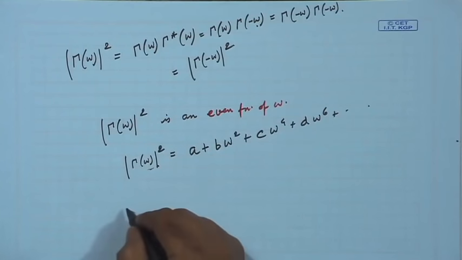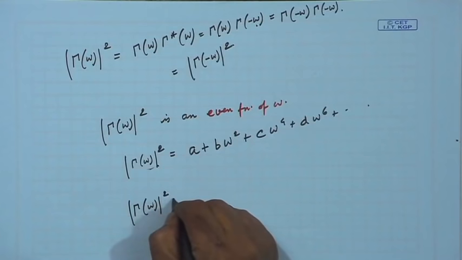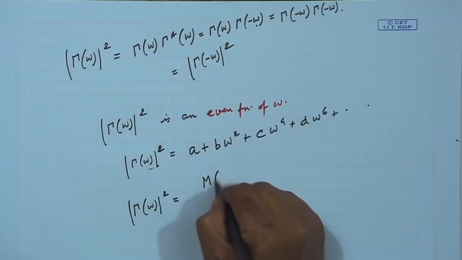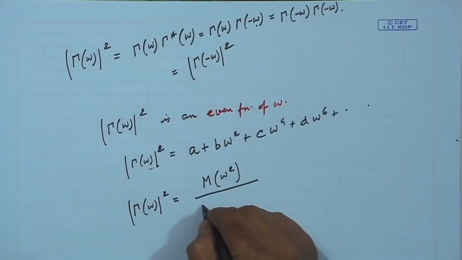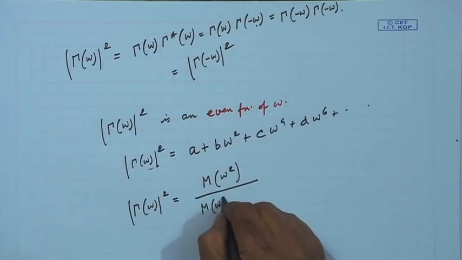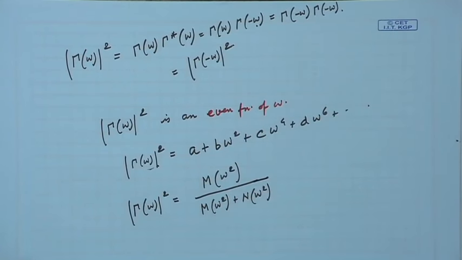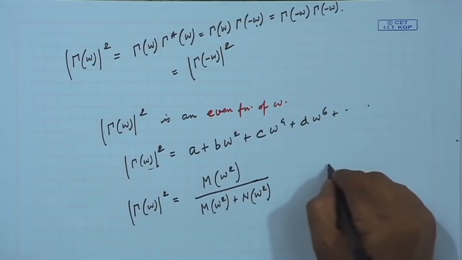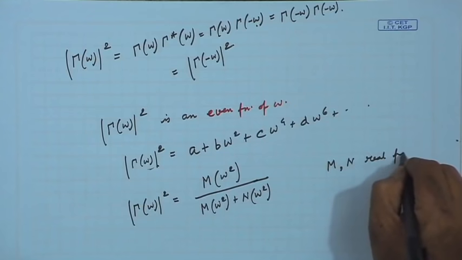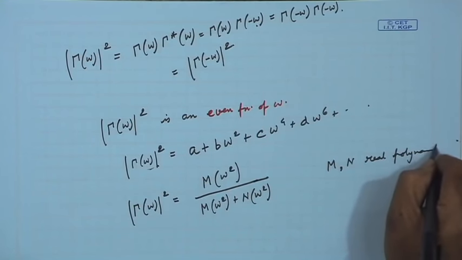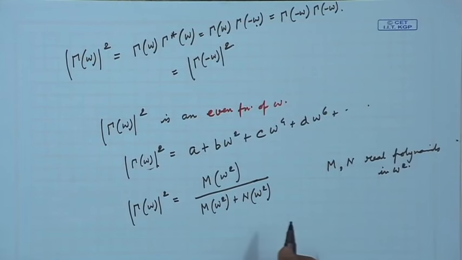So, we can say that this gamma omega square can be represented by two polynomials, where m and n are real polynomials in omega square.